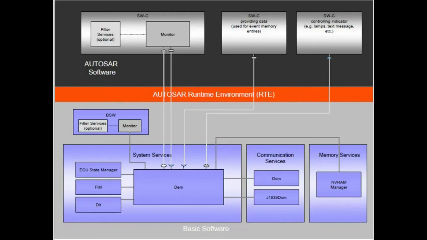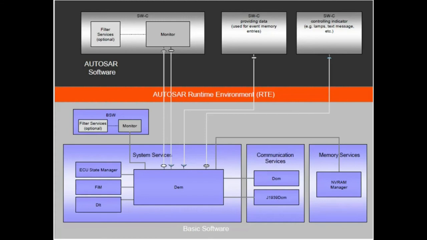So I configure one DEM event and link that DTC to the DEM event with respect to aging and debounce. Aging and debounce are the parameters. I will fill in the parameters and make ready one respective DTC. Then my next job is to generate the callback functions. The callback function is used by all the components.